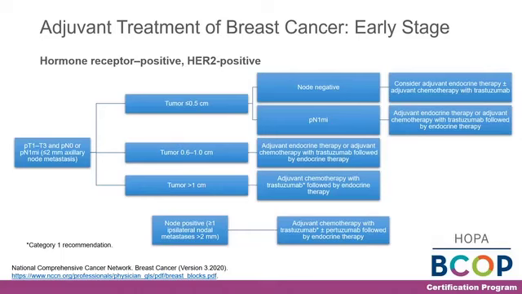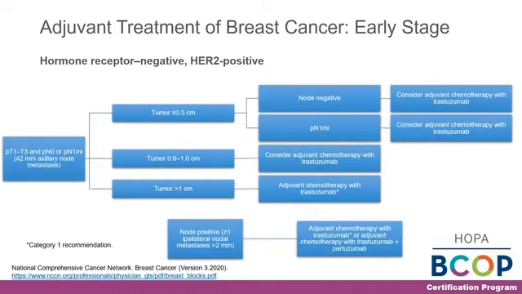If a patient does have node positive disease, in this case, the recommendation is to offer adjuvant chemotherapy with trastuzumab plus or minus pertuzumab followed by endocrine therapy. You can see that the common theme here is that node positivity generally means that chemotherapy plus or minus biotherapy will be offered in the adjuvant setting.